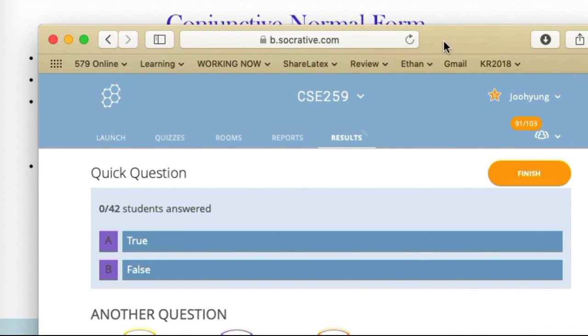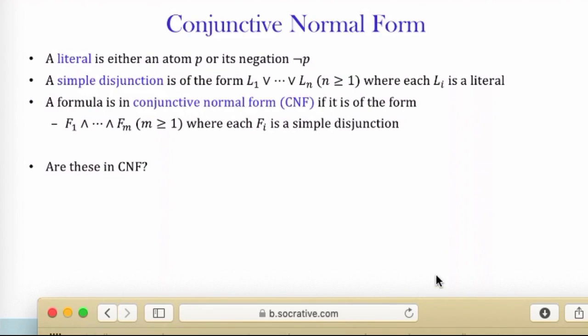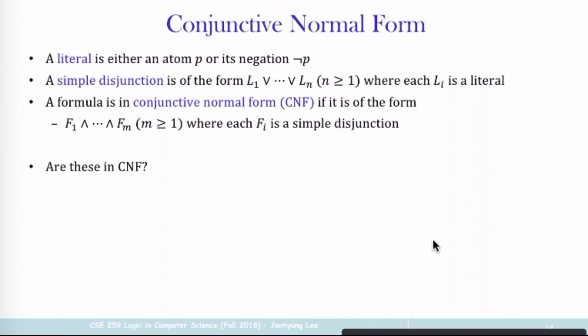It's always fun to do. Let's look at this. Is this formula in conjunctive normal form? You have to use pattern matching.